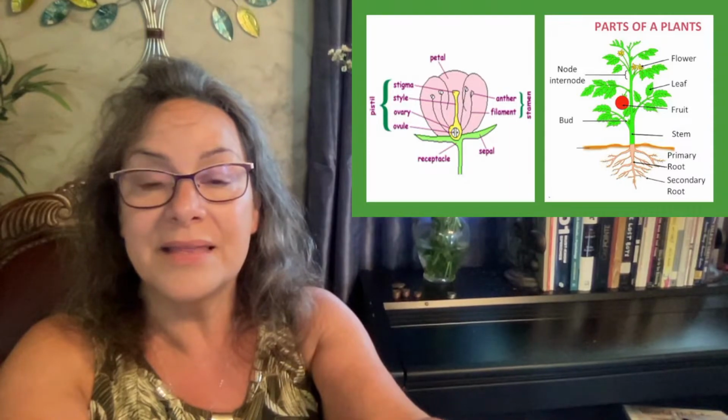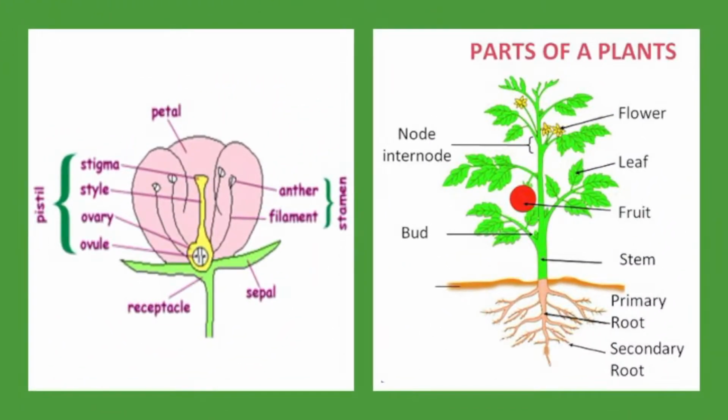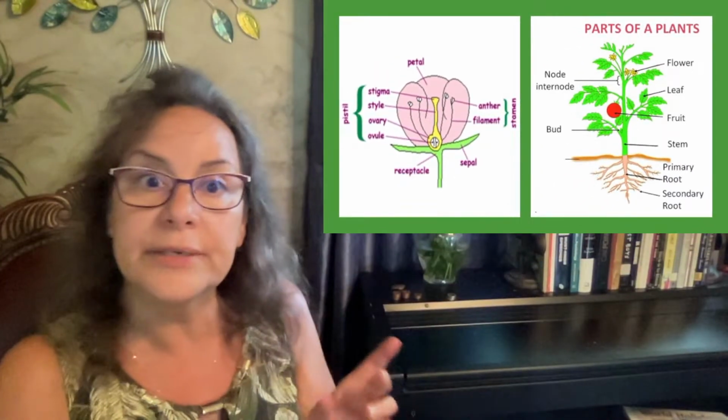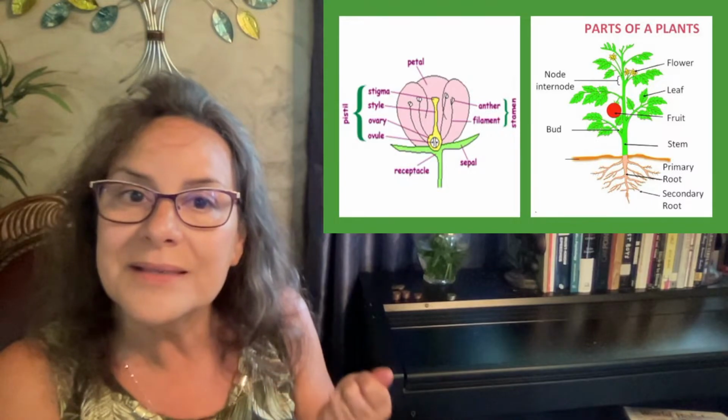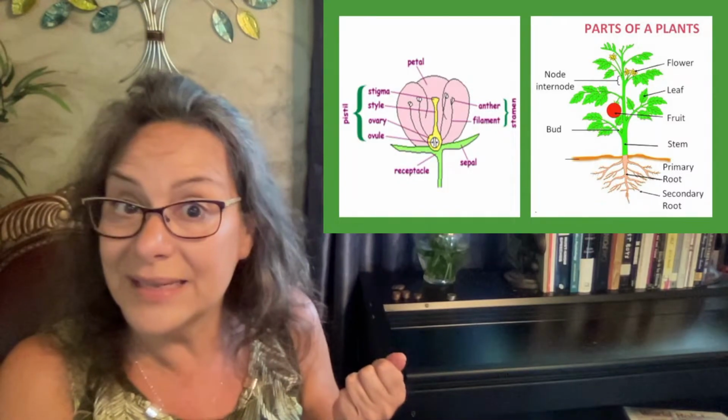We can see that the female plant contains the ovary and the seed, the ovule. The berry is the seed on the holly plant. So that's how we know that the holly with the red berries is the female plant, because that is the seed.